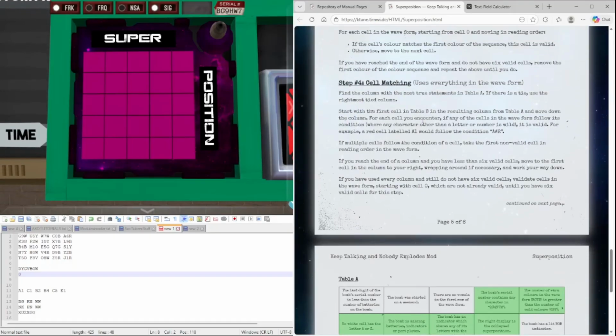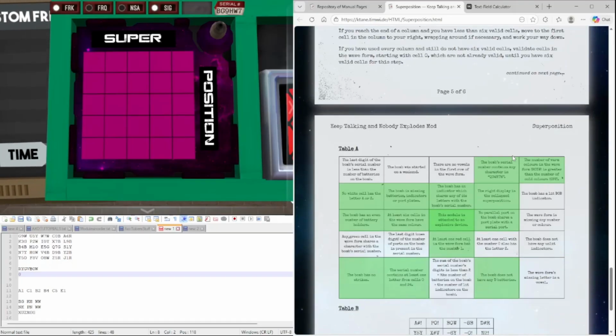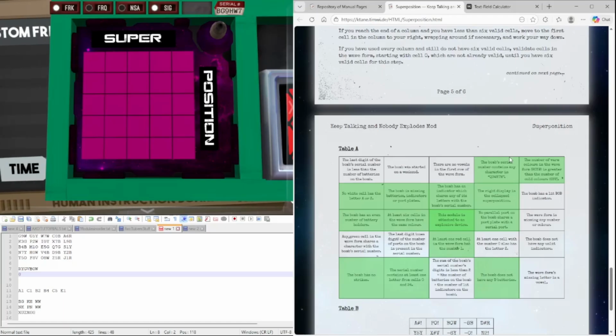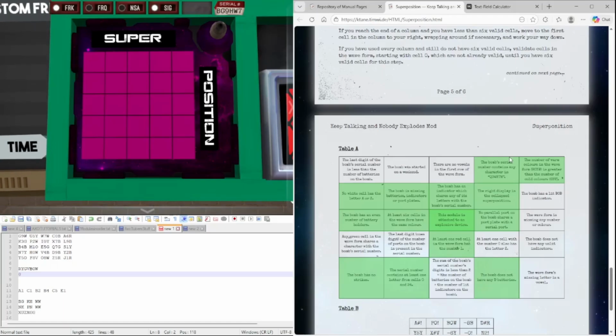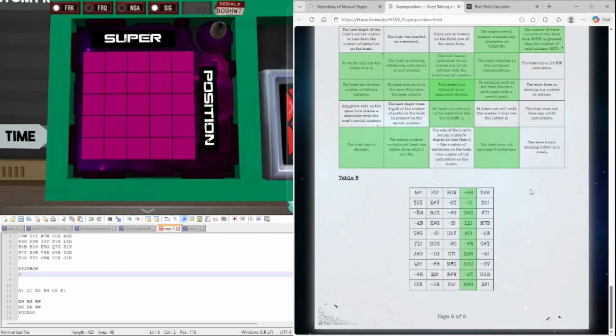So find the column with those true statements, so that's column 4. 3, 3, 3, 4, 1, yeah. So we're looking at this one.